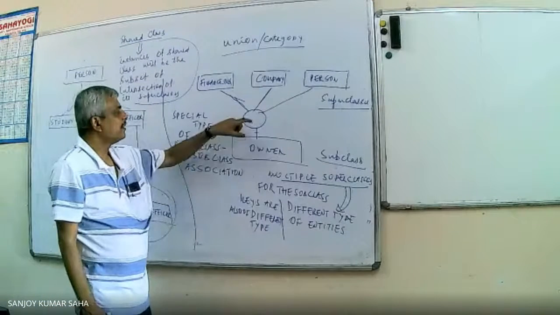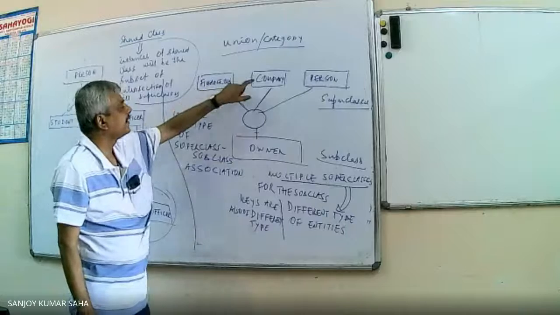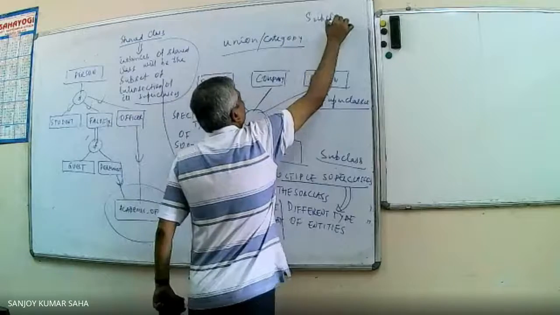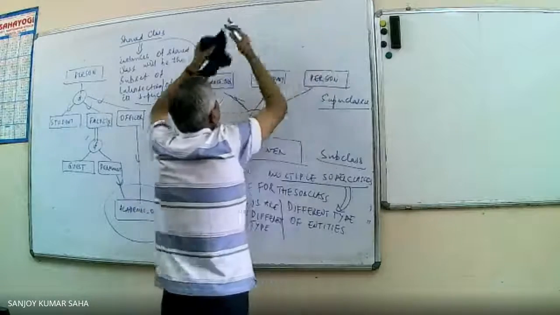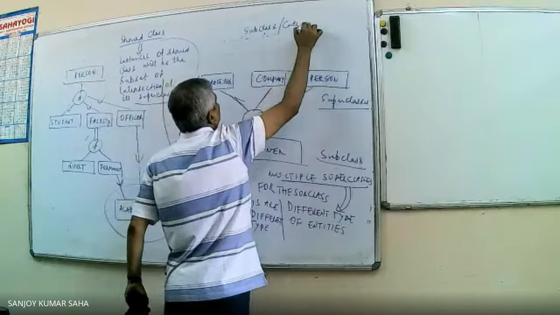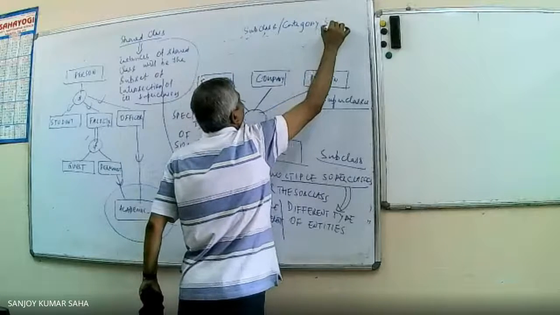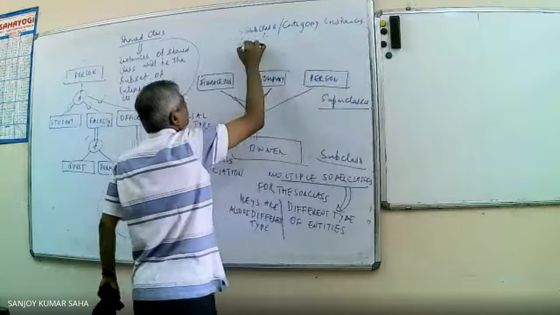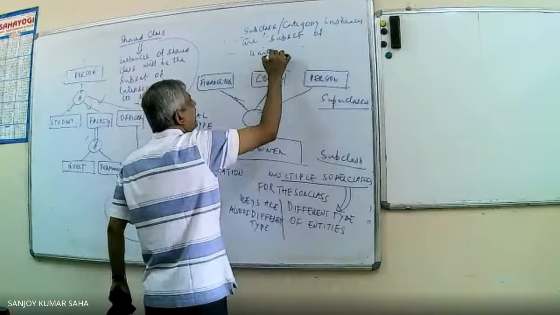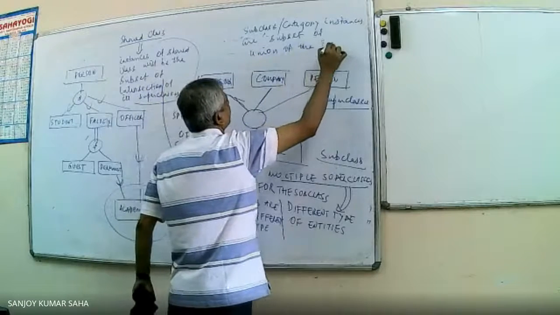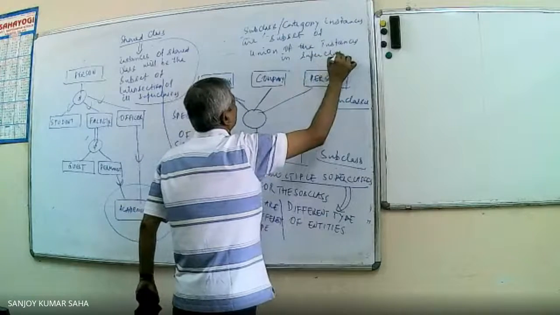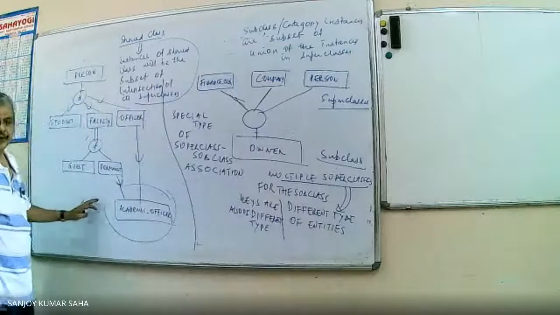Right? But here, the owner will be some finance organization, company, or person. This subclass is a special kind of, we say, category. Category instances are a subset of the union of the instances in the superclasses. So there is a fundamental difference.